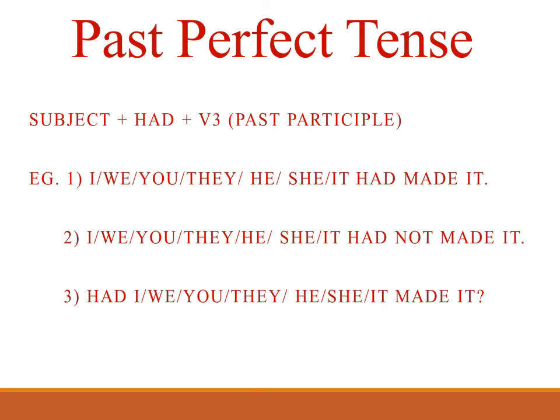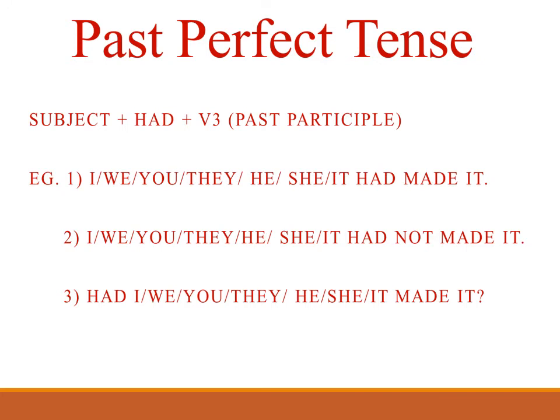Coming to the next form of the past tense, past perfect tense. Subject plus had plus verb third form or the past participle. Had plus verb third form. Children, please remember there is a slight difference, but that makes a vast difference. So you need to remember that slight difference. In present perfect tense it is has and have.